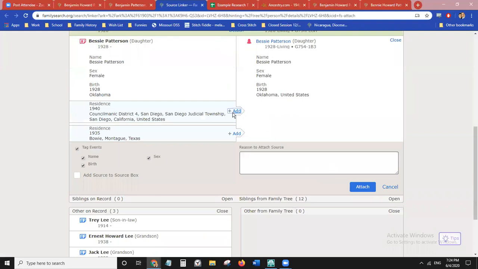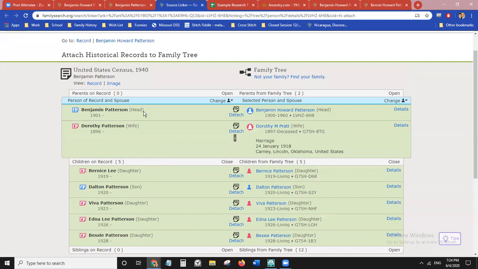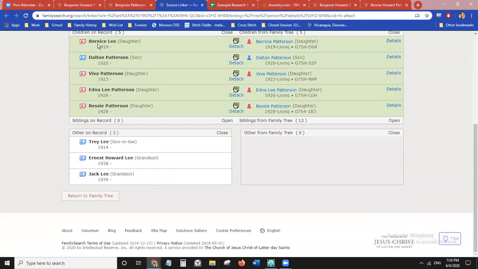Now, something to pay attention to when you are adding children from censuses and other records is the spelling and any possible nicknames, because that might help you find them in the future. So Bessie, that might be her birth name, but her birth name might be Elizabeth, or Bess.